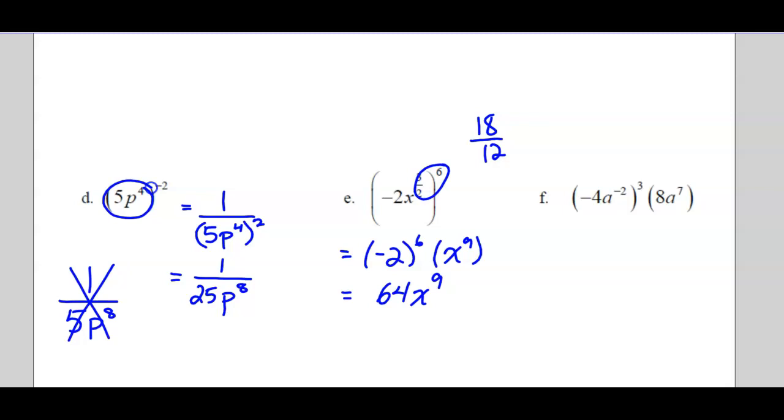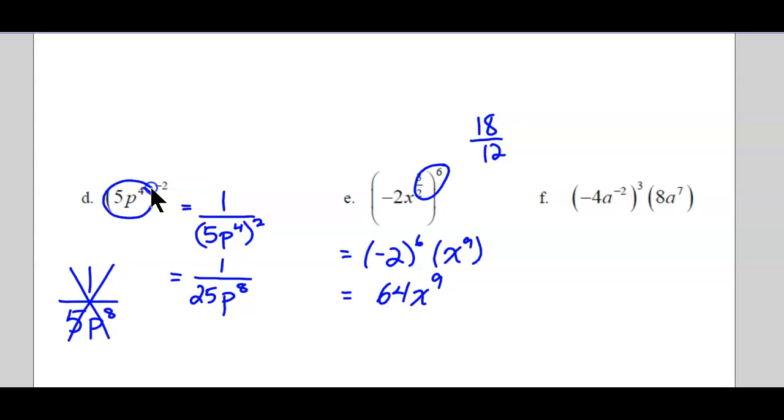It's -2 to the 6, same as -1 to the 6. No, what I'm saying is if it was an odd exponent, then it would matter. Yeah, you just apply that to that coefficient. That's the coefficient, right? Don't make it more complicated than it is.